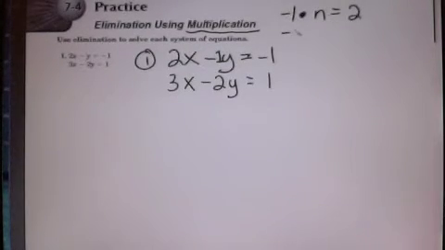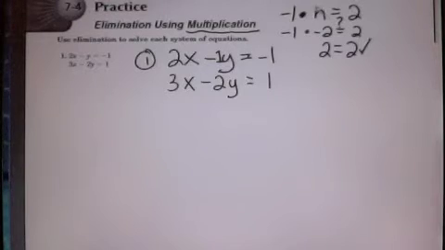Well, if I multiply negative 1 times a negative 2, would I get positive 2? Well, a negative times a negative is a positive, and 1 times 2 is 2. So yes, if I were to multiply a negative 1 by some number, and that number is negative 2, I could turn this into a positive 2.